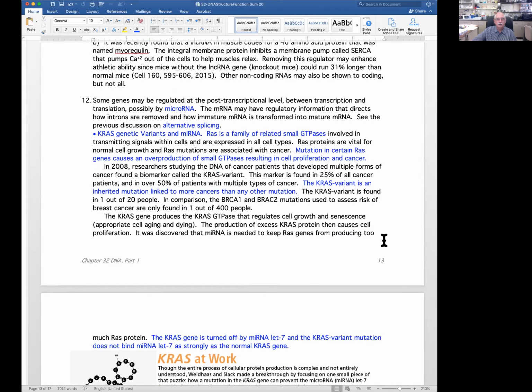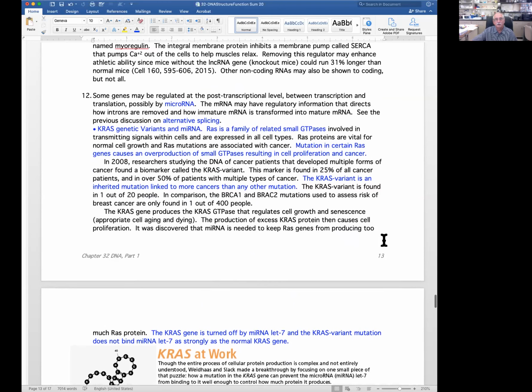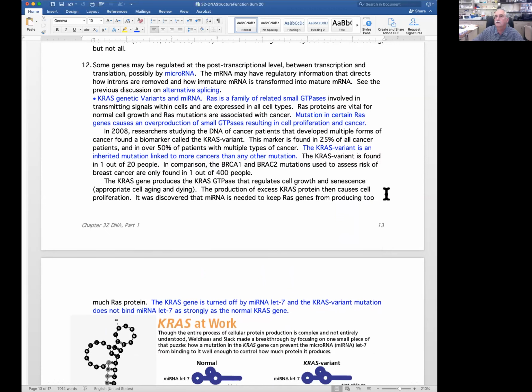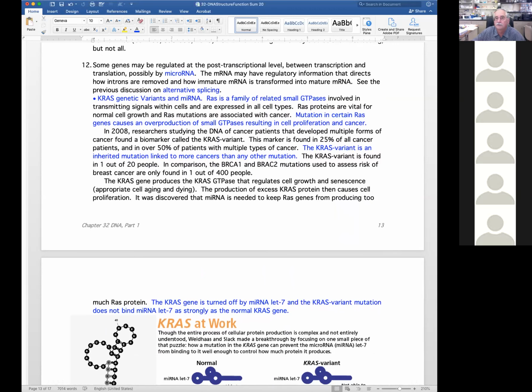Some genes are regulated at the post-transcriptional level, between transcription and translation, maybe by microRNA. And they found this one particular group of small GTPases. The reason this is important is because when these are overactive, that correlates to several types of cancer.